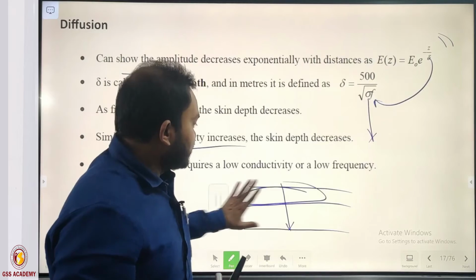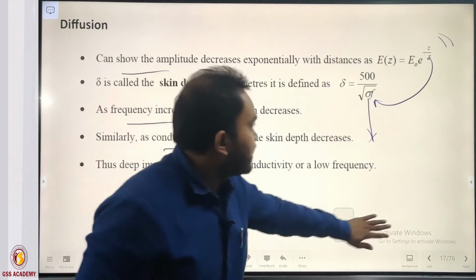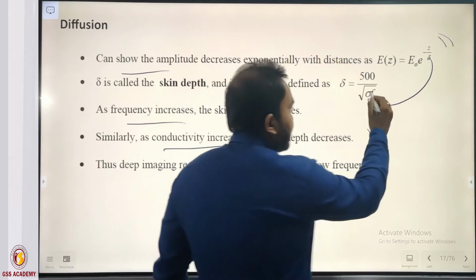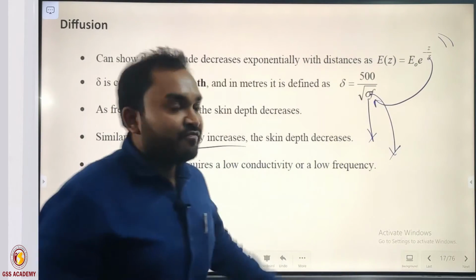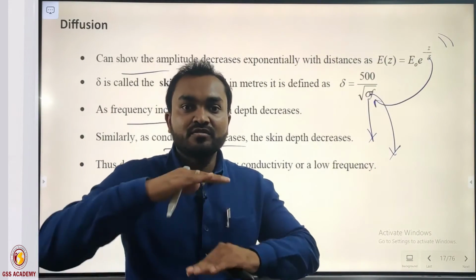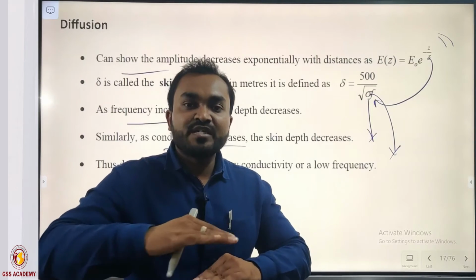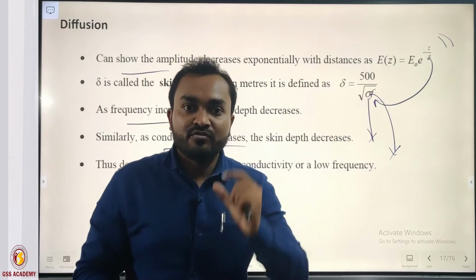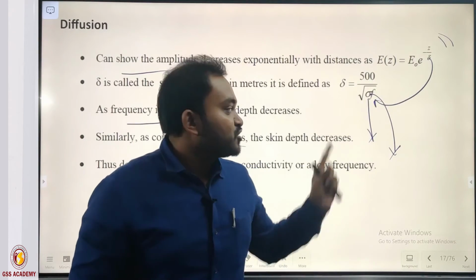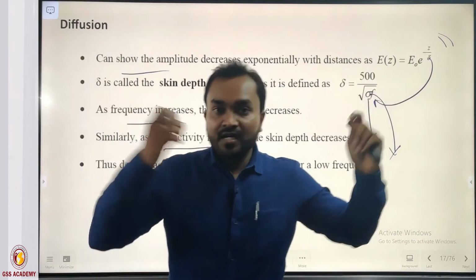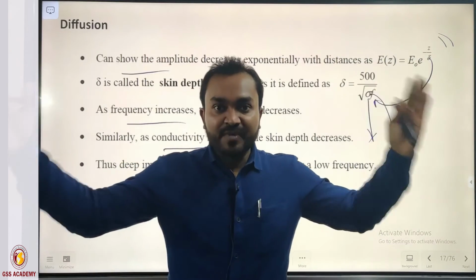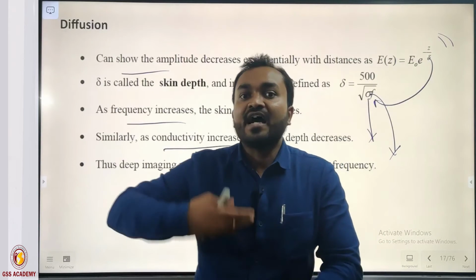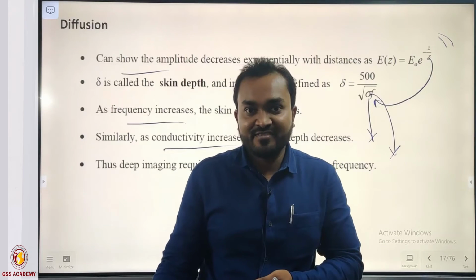So here you are able to know from this skin depth concept that if your frequency is low, your depth of investigation will be high, on condition that your conductivity is also not very high. If you see the electromagnetic spectrum, you would choose the low frequency spectrum to get the higher depth of investigation.